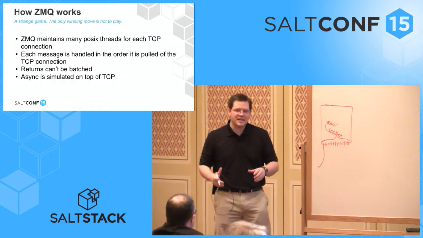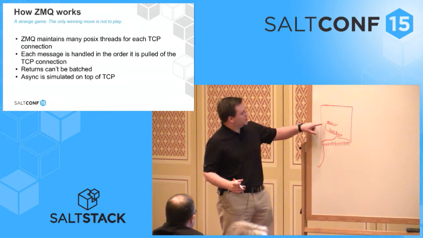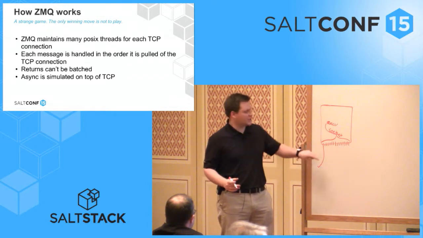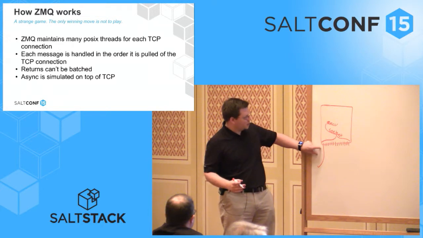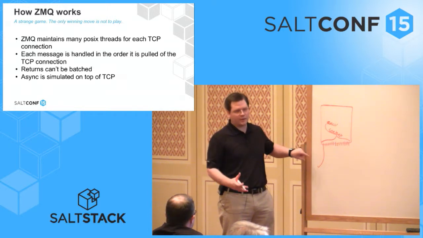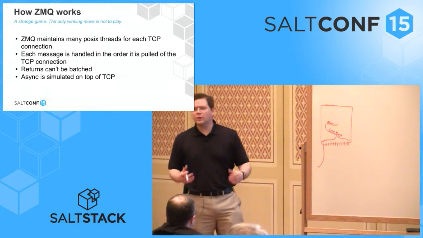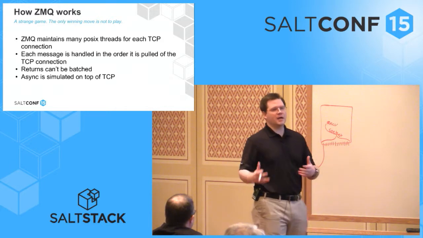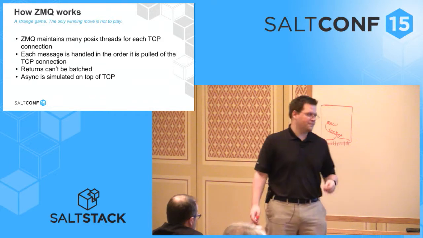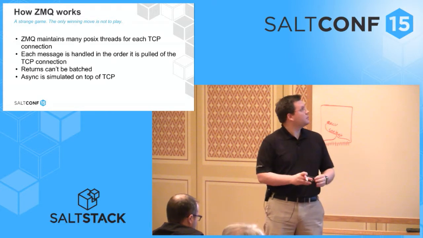I can't receive another message until I reply to that one, because the context of the socket is locked to the system sending the message out, okay? And so that's fundamentally how it does the bidirectional routing, which is, again, fine for a lot of situations. But we wanted to be able to batch these commands in a more fluid way, okay? And so that's ZeroMQ.